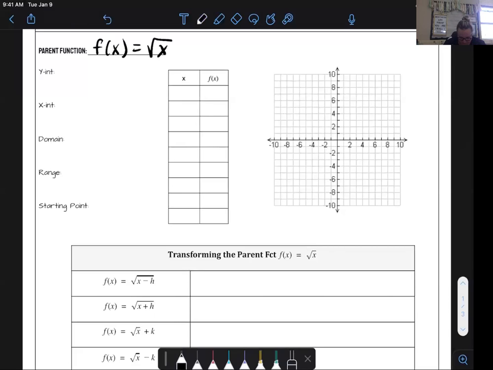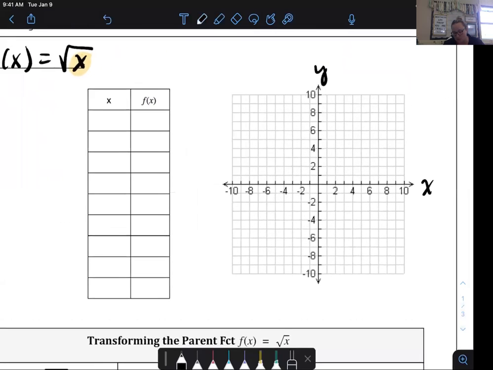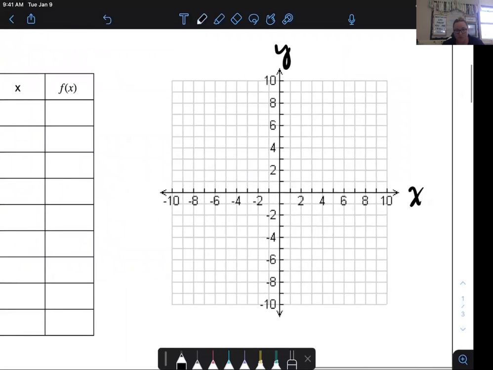Now, the graph of this function, f of x equal to the square root of x, there's a few things we need to talk about. When I take the square root of x and I want to graph it on the real coordinate plane, where we only have real numbers, well, when I take the square root of a negative number, I get imaginary numbers.